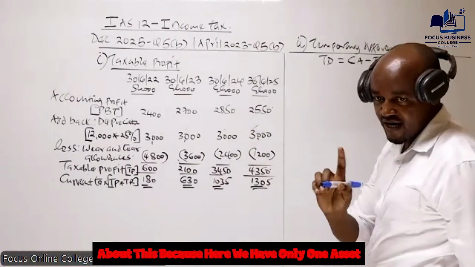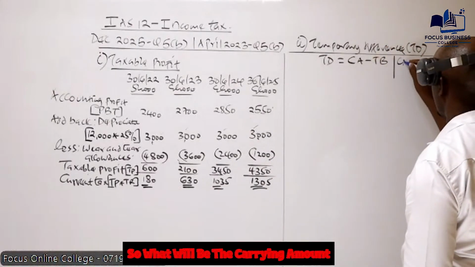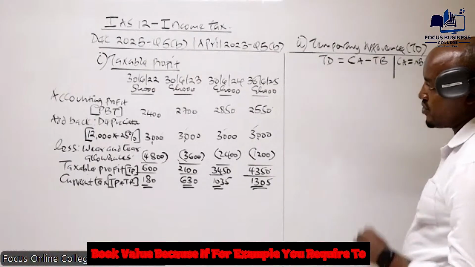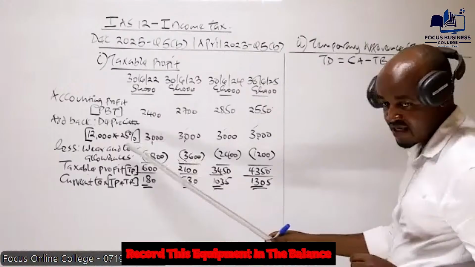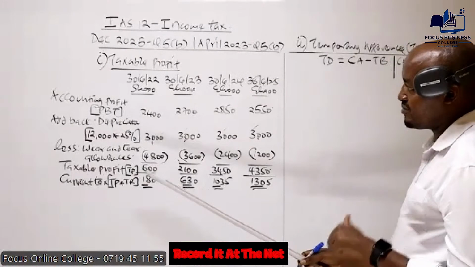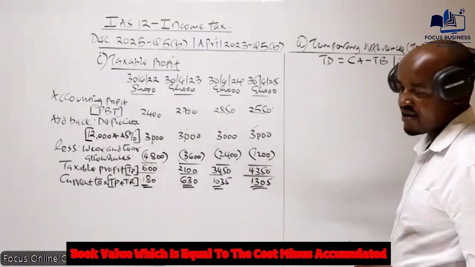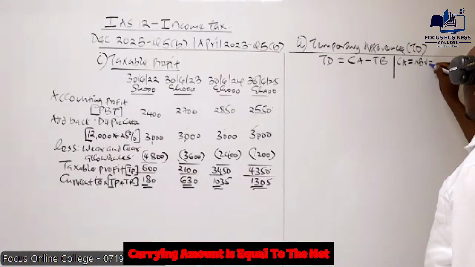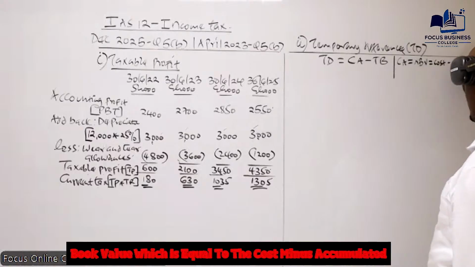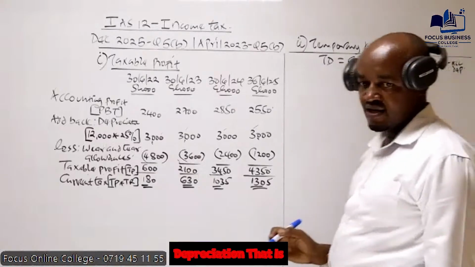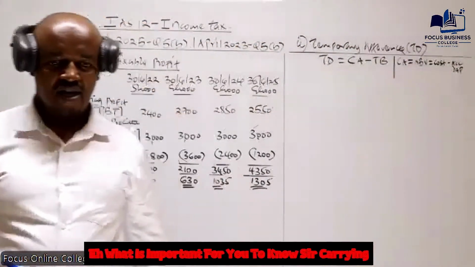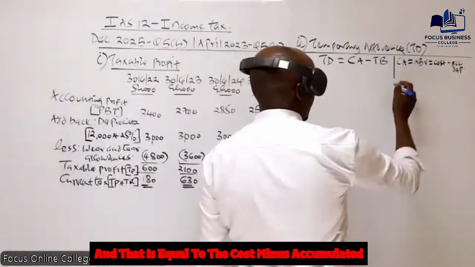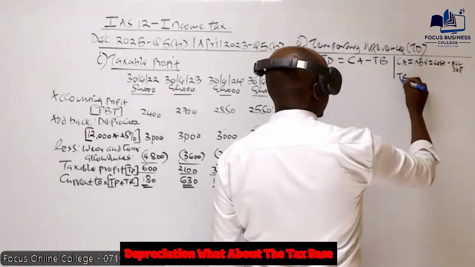Because here we have only one asset, the carrying amount will be equal to the net book value, which is the cost minus accumulated depreciation. So the carrying amount of this equipment is the net book value, equal to cost minus accumulated depreciation. What about the tax base?